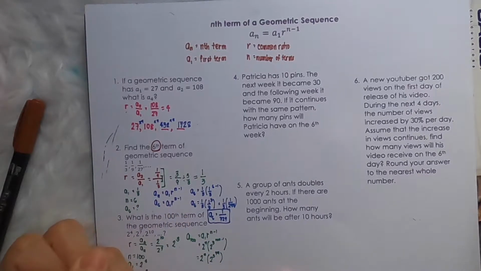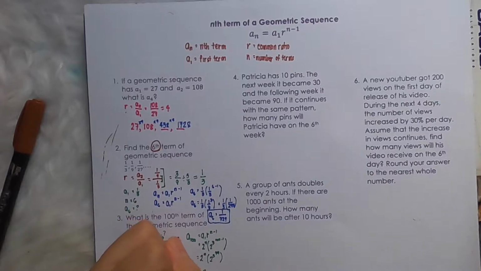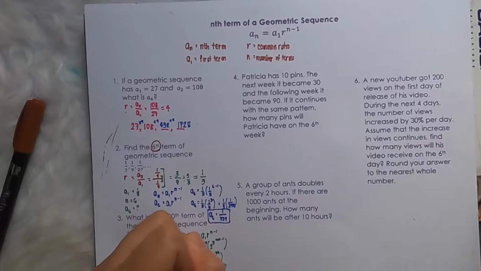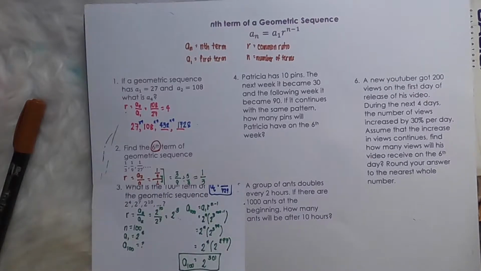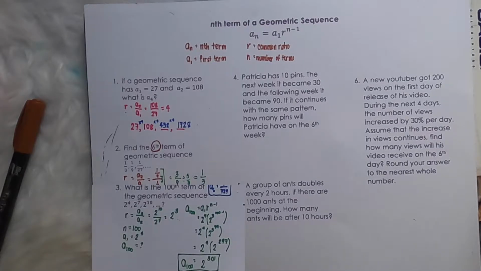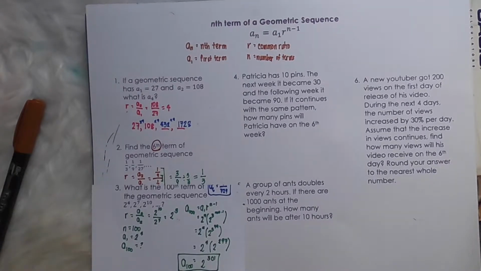And kapag po meron tayong power of a power, we now multiply 3 and 99, we get 297. Let's multiply 2 raised to 4 and 2 raised to 297. To do that po, we simply add their exponents dahil parehong may base. So now, we have 2 raised to 301.